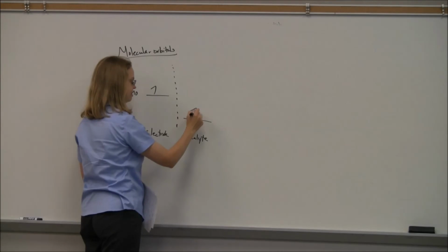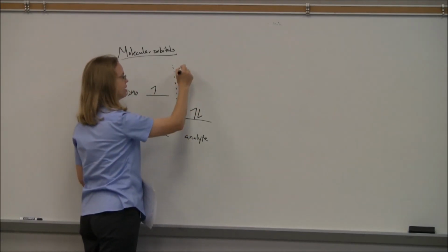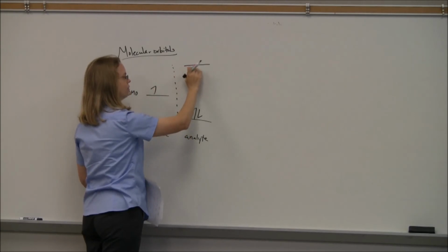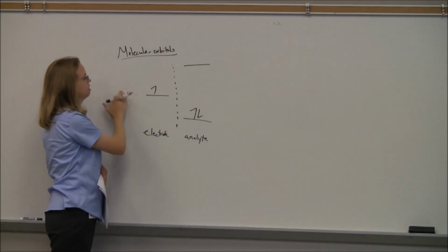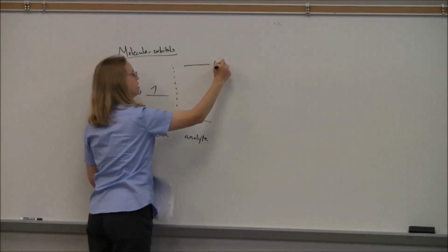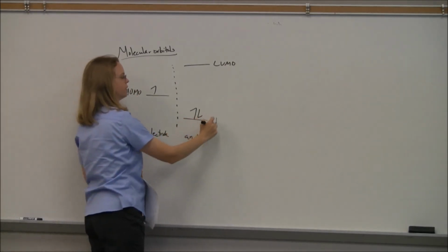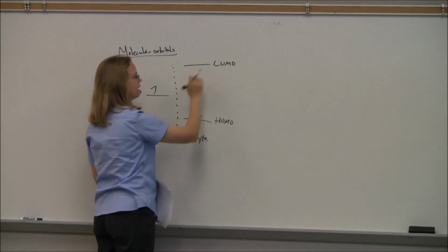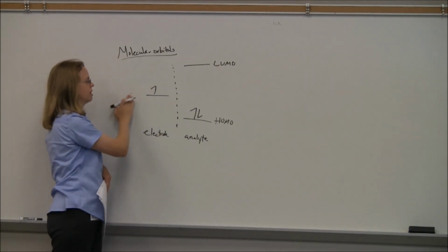And this is its occupied electrons. I was like, that didn't sound right. This should be the LUMO. Highest occupied molecular orbital, well, this would be its LUMO over here. That's the lowest unoccupied molecular orbital.